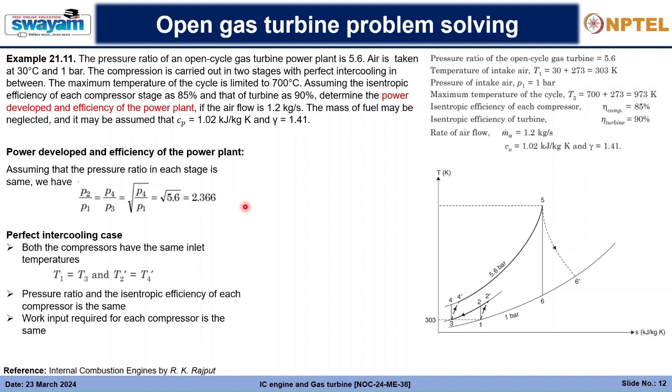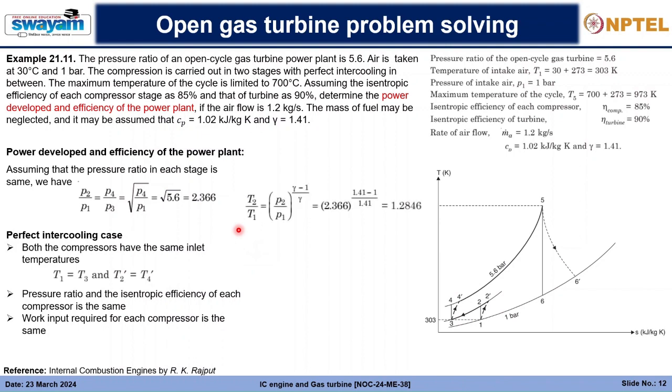Both compressors have the same inlet temperature, T1 equals T3, and T2 dash equals T4 dash. The pressure ratio and the isentropic efficiency of each compressor are the same, so the work input required for each compressor will also be the same. So we need to calculate for only one, and the other would have the same work.